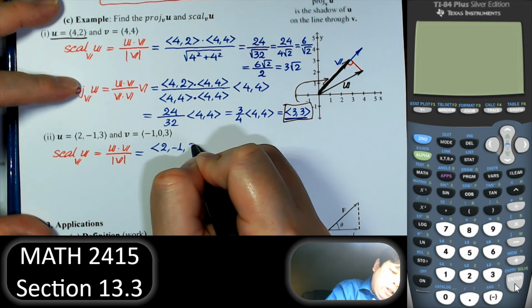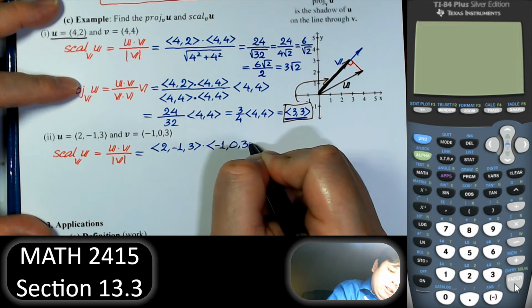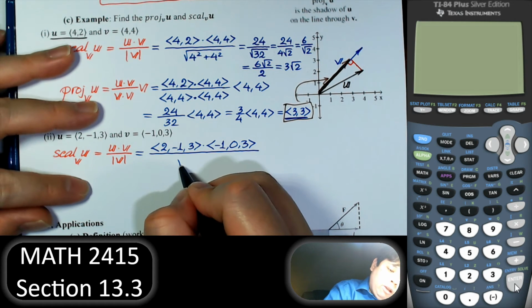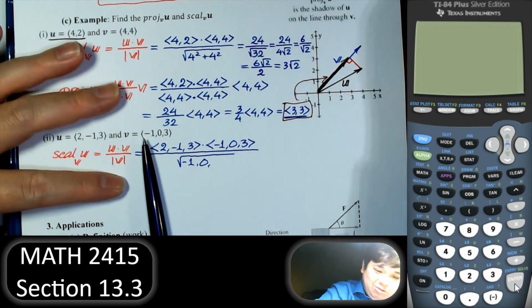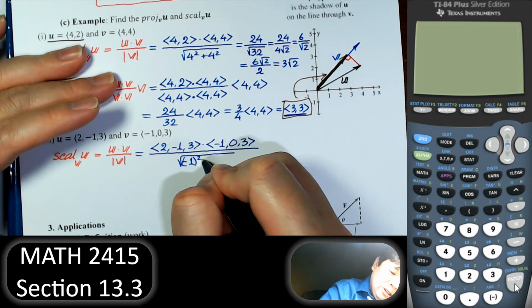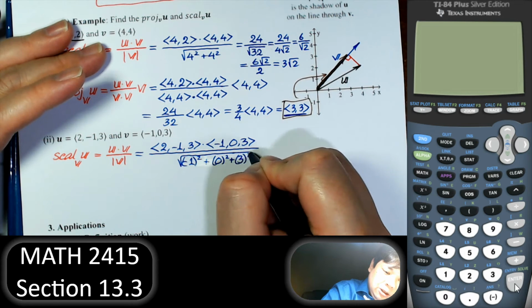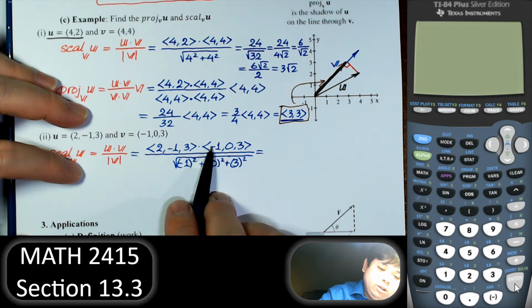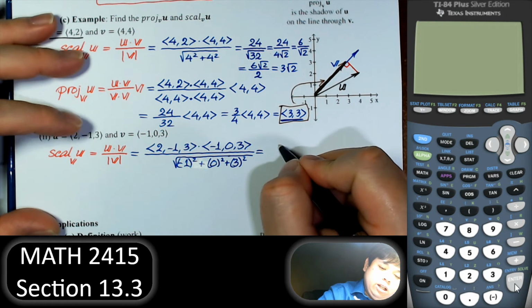Two, -1 and 3, dot, -1, 0 and 3, over the magnitude of v, -1, 0, 3. So I have -2, 0, and 9, -2, and so that will be 7, right?